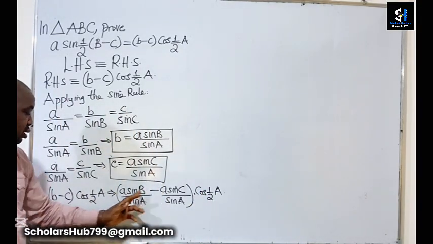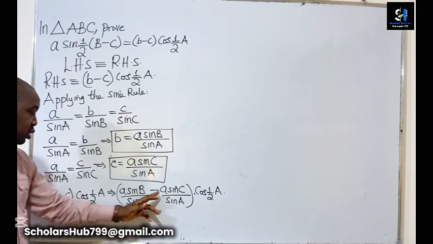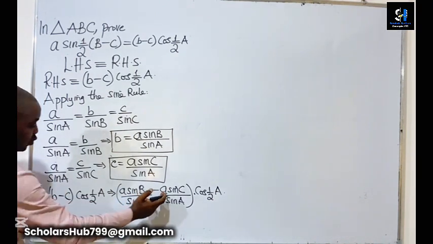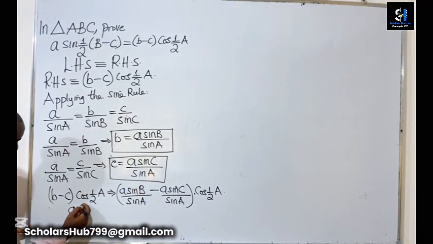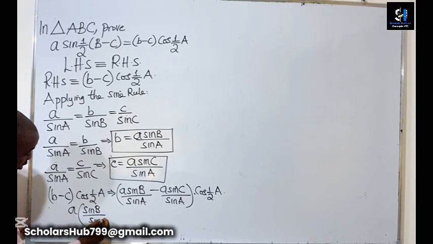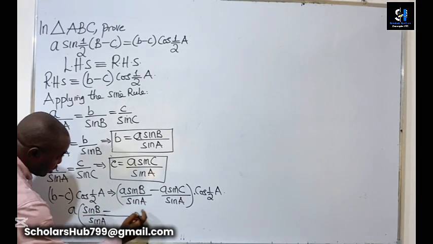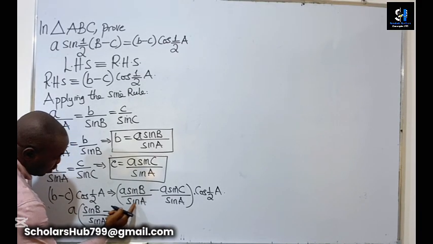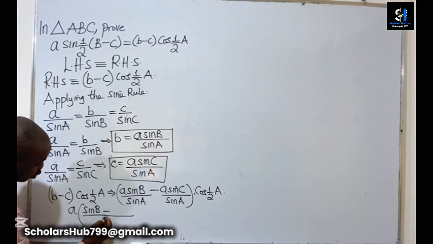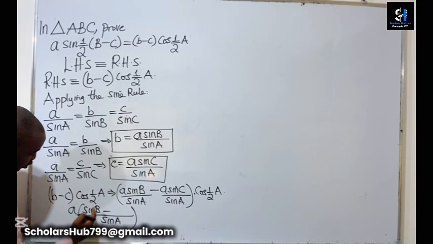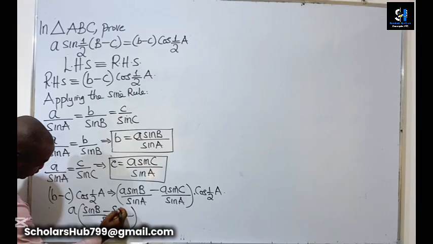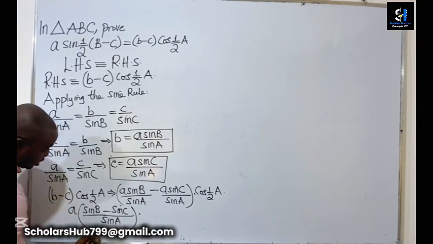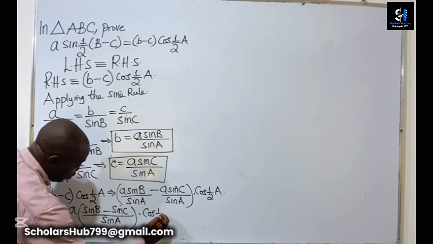Now a is common, so I'm going to factor out a. So we have a into sin B over sin A minus, because we have sin A as a denominator for both, sin A is a common denominator, so we have (sin B − sin C), then multiplied by cos(A/2).